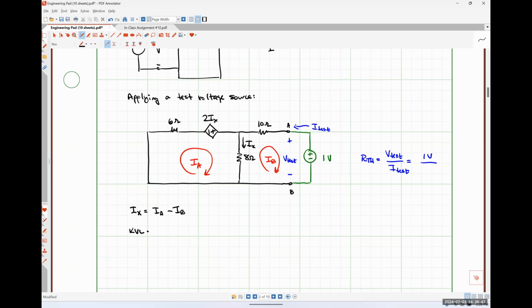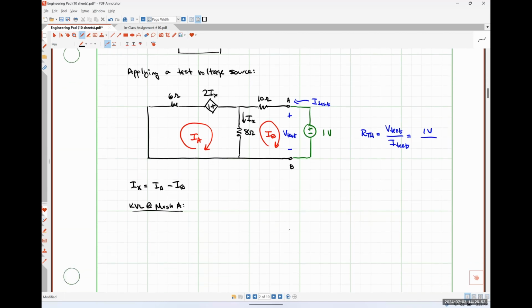KVL around mesh A is going to look like 6 ohms IA minus twice IX plus 8 ohms IA minus IB is equal to 0.